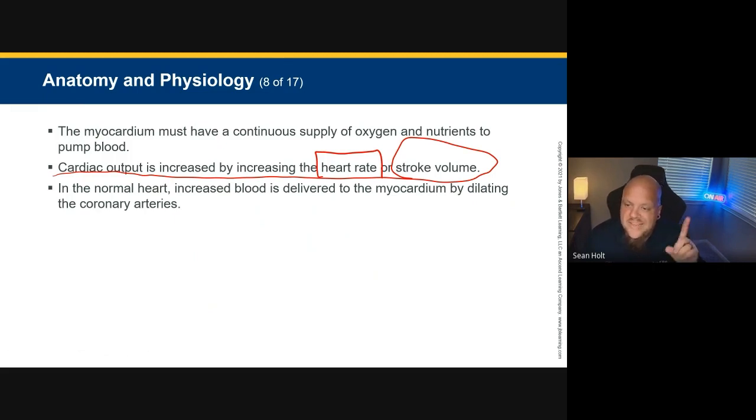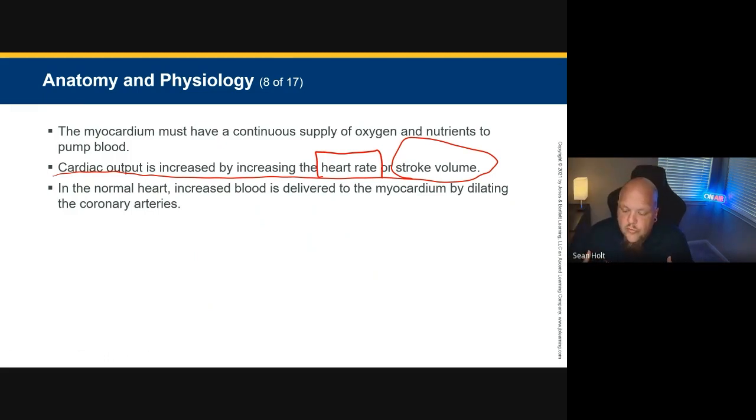Stroke volume is the amount of blood pumped out in one contraction of the ventricles. Okay, how much is pumped out of the heart in one contraction? How can we feel that? Radial pulse. If our heart's beating effectively, I'm going to feel a pulse in my wrist every time the heart beats. Okay, but my cardiac output is measured by taking that heart rate and that pressure or amount of blood moving out of the ventricles each contraction and creating that pulse wave, right?